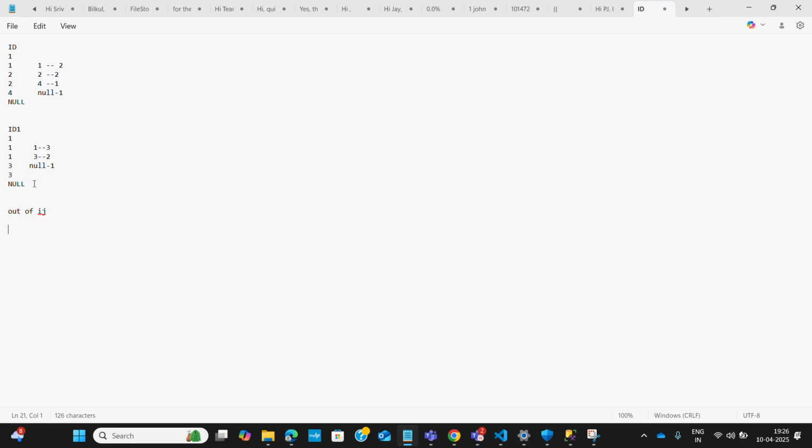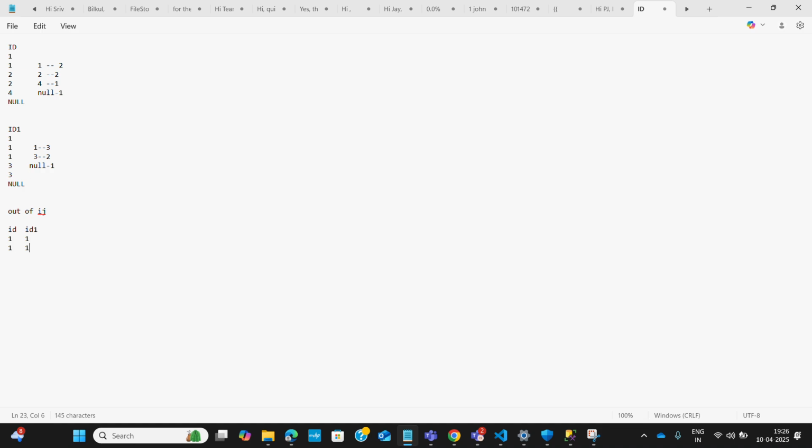In the output of inner join, if null is common in both the tables, then it will not come into the output. So this is the thing to remember. In the case of left join and right join, if null is common, it will come. But in the case of inner join, if it is common, then it will not come into the output. So only 1 will come into the output, and how many times? 6 times, because 2 into 3 is 6.